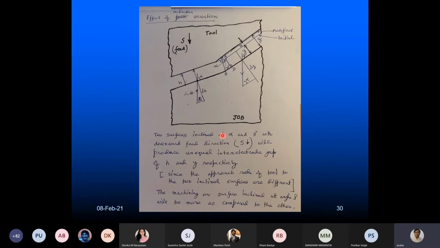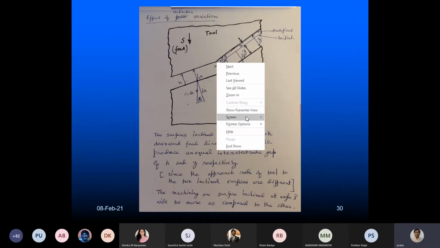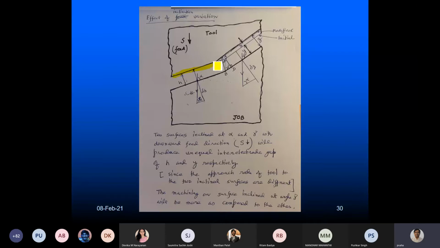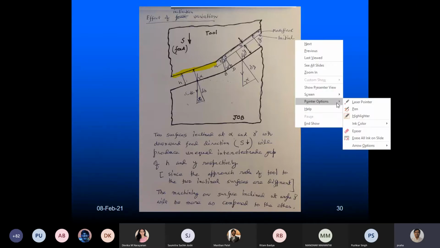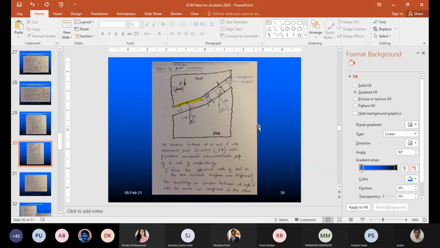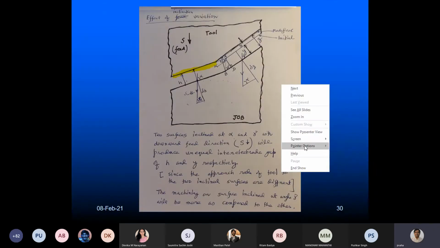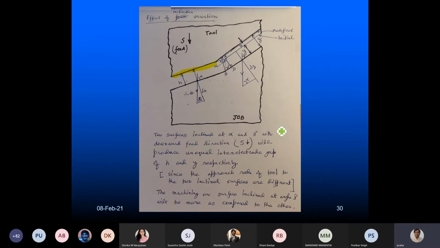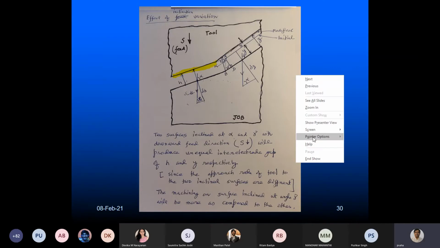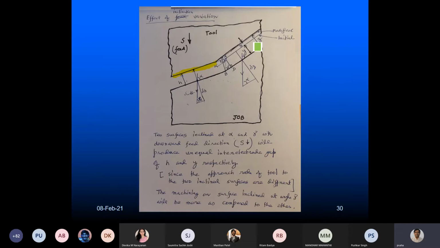Now because of that, different inclinations, these two surfaces, like this is one surface and the other surface, let me pick up a color, the other surface is this one.